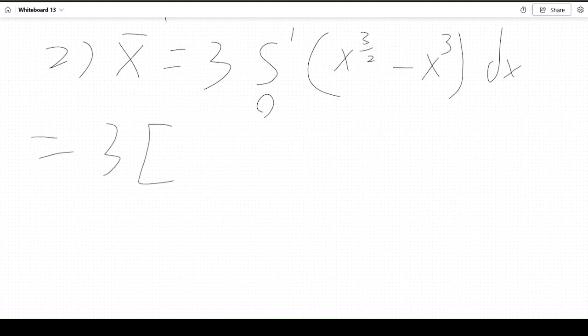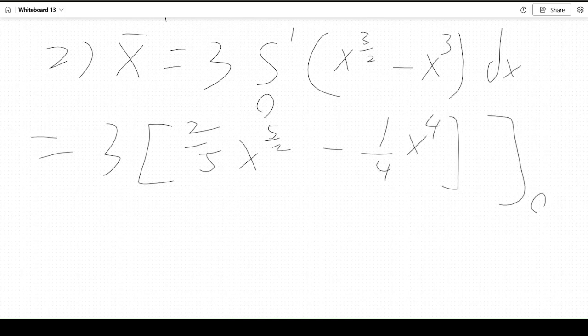So our integration would be 2 over 5 x^(5/2) minus 1 over 4 x to the power of 4 from 0 to 1. And that will lead us to 9 over 20. So if you plug this in, this will be equal to 9 over 20.